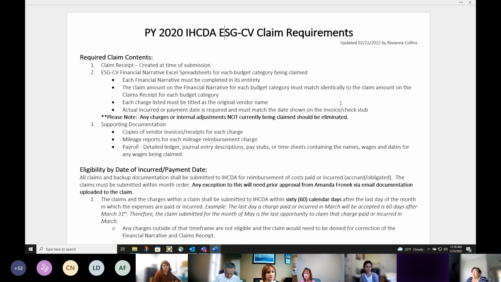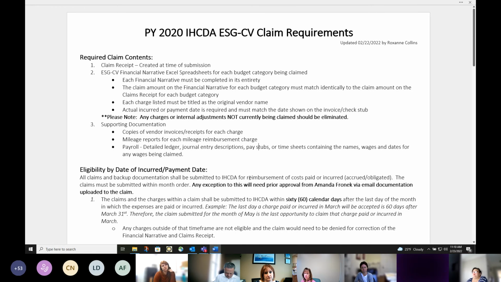Supporting documentation: copies of vendor invoices, receipts for each charge, mileage reports for each mileage reimbursement charge, payroll, detailed ledger, journal entry descriptions, pay stubs, or timesheets containing the names, wages, and dates for any wages being claimed. So all payroll must have supporting documentation.